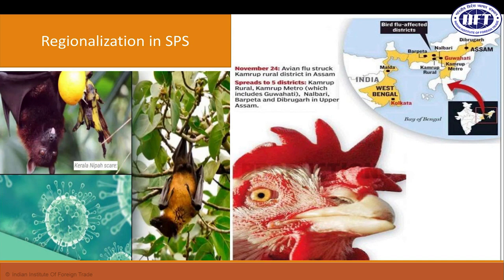There are certain pockets of the country that are affected. So in such a scenario, the concept of regionalization says that your product should not originate from that particular region which is impacted. If you are far away from the area where the disease has come, the importing country cannot detain your product. That's the concept of regionalization.